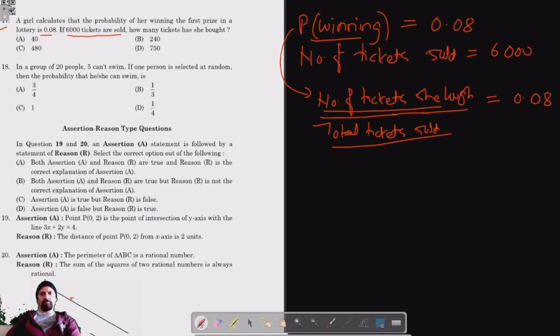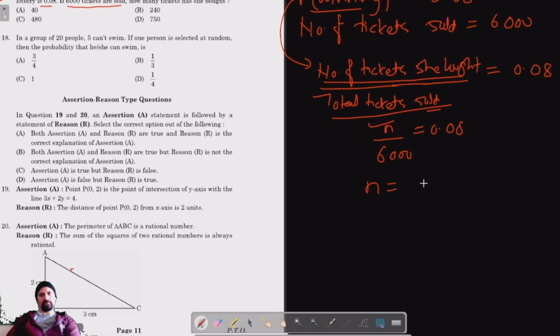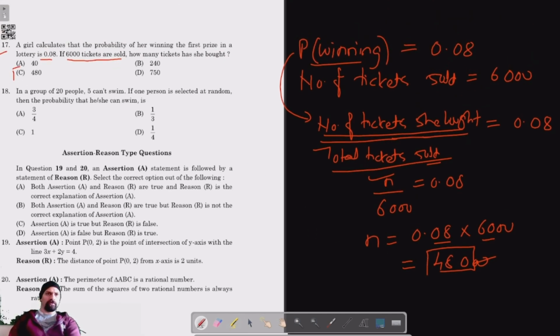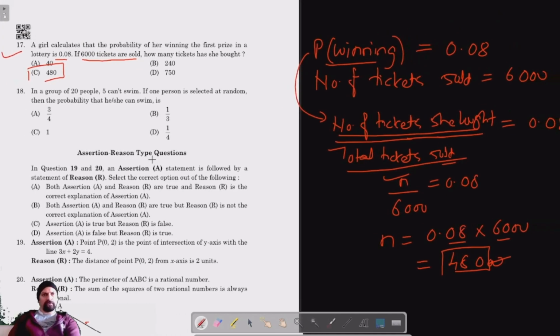Now, number of tickets she bought, let it be n, and number of tickets sold are 6,000, and we have to find the number of tickets she bought. So n is equal to 0.08 into 6,000, which is 6 eights are 48, and this gets cancelled, so this is 480. So 480 is the correct answer for 17.